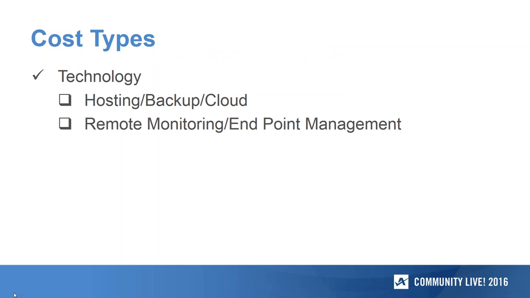There are 2 different cost types that we're going to be talking about today. The first area is technology, so the hosting, backup, and cloud services that you're providing to your client in order to meet the contract needs, and the remote monitoring tools or endpoint management that you may be using in order to monitor the devices.